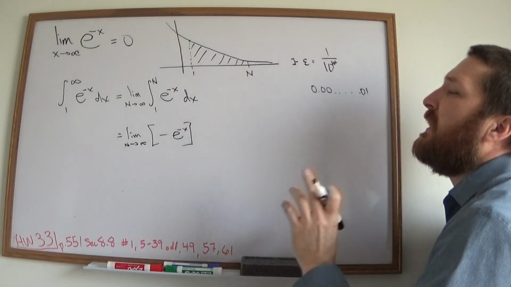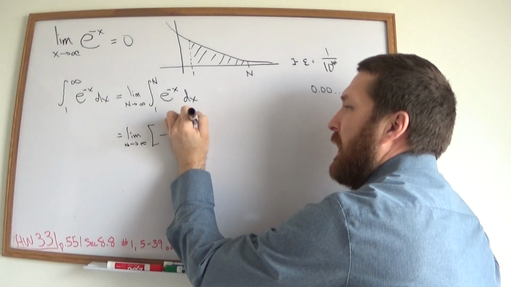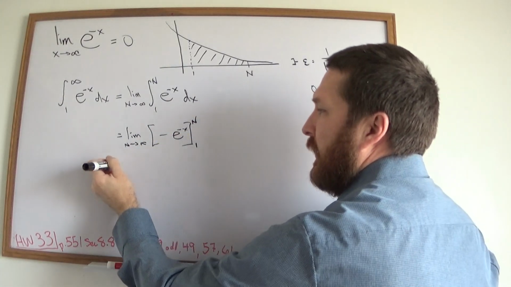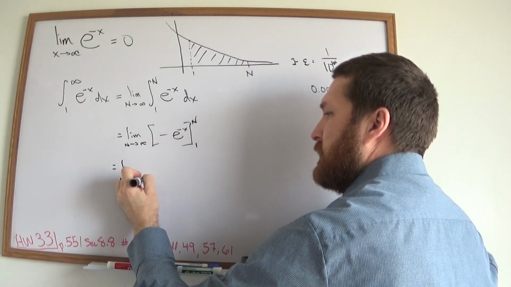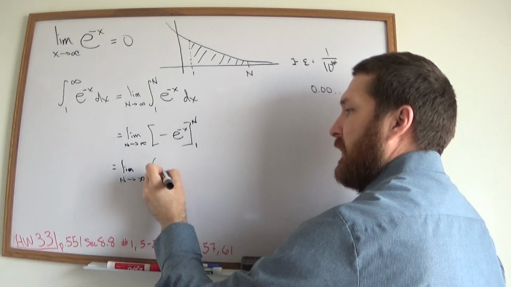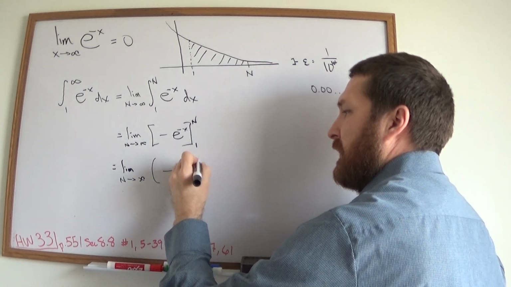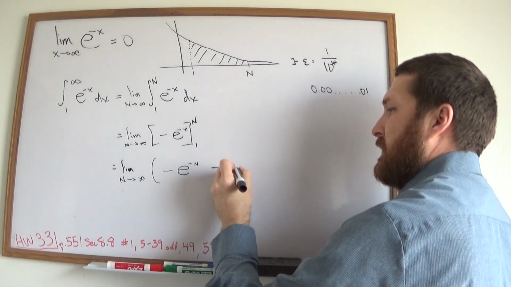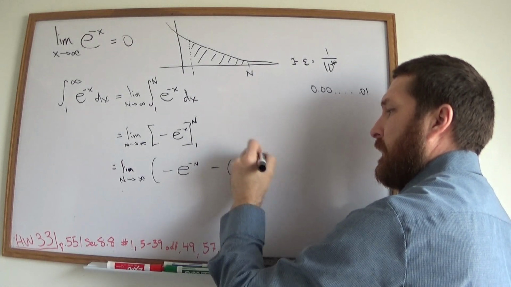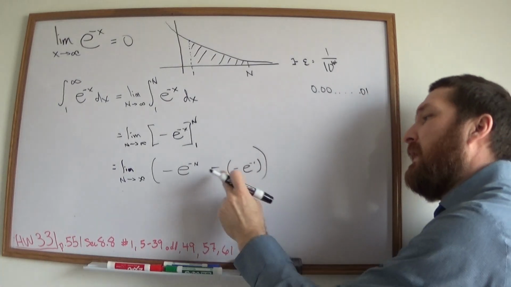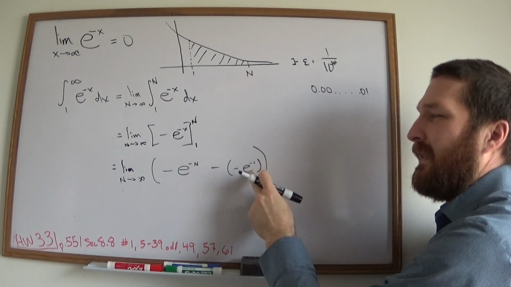Okay, we're good. Now we're going to evaluate that up at n and down at 1, and we get the limit as n goes to infinity of negative e to the negative n minus negative e to the negative 1. I don't like that e to the negative 1.